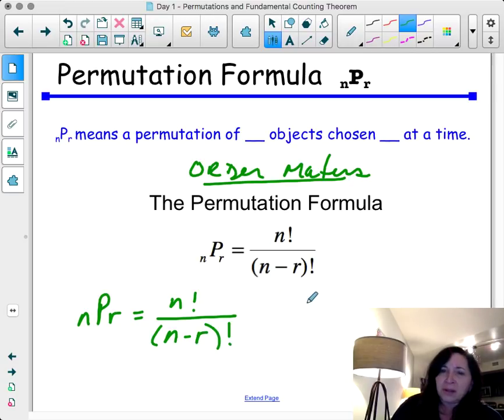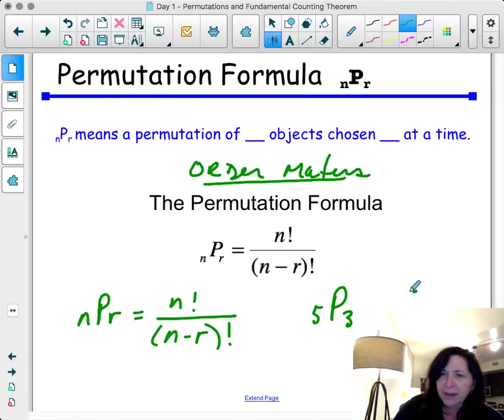So what does that look like? If I said 5 permutations of 3, that's going to look like 5 factorial over 5 minus 3 factorial, which is 2. So what we have is 5 factorial over 2 factorial.